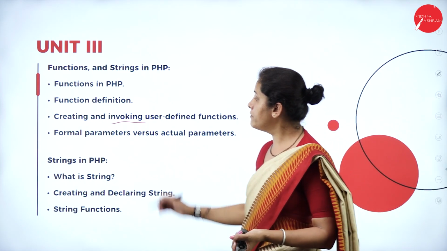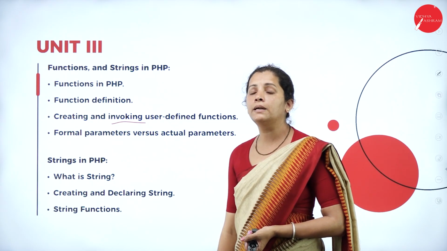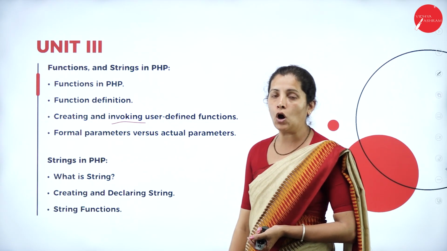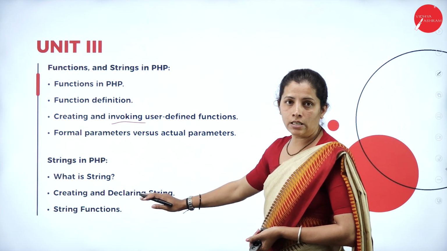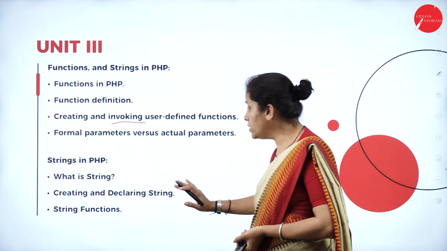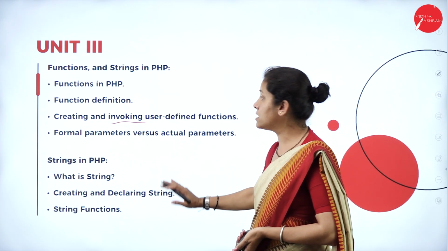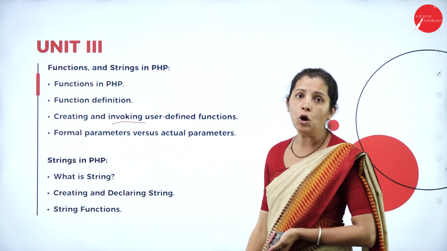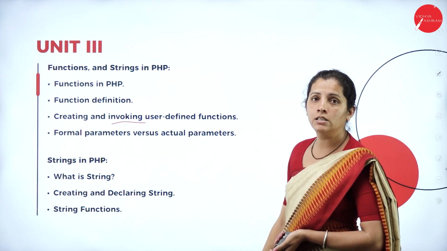At the same time, we have strings. So what is a string? A string is nothing but a collection or group of characters. How to create a string, how to declare a string, what string functions are supported by PHP, all those things we will learn under Unit 3.